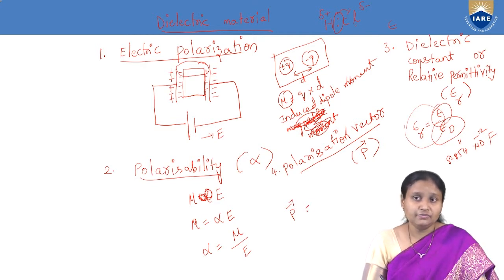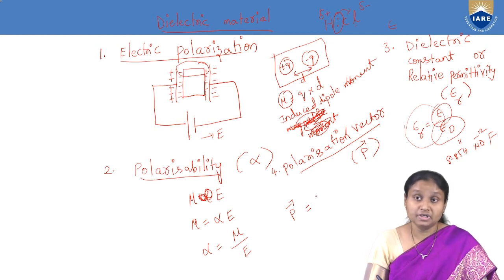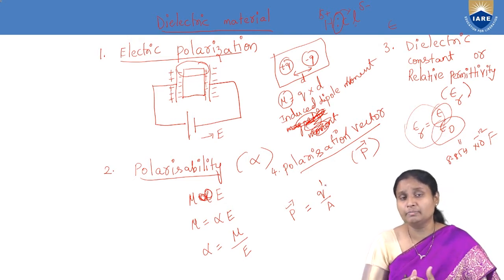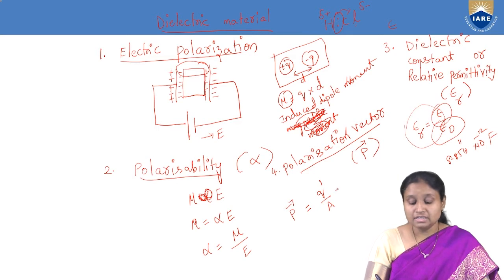The first definition of the polarization vector is induced charges per unit area of the dielectric, where Q dash defines induced charges, that is, the separation of charges under the influence of the applied electric field. Or it is the induced dipole moment per unit volume of the dielectric.